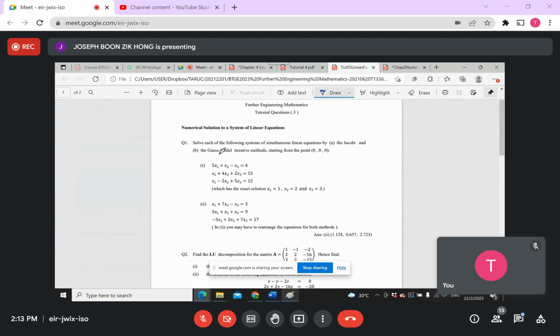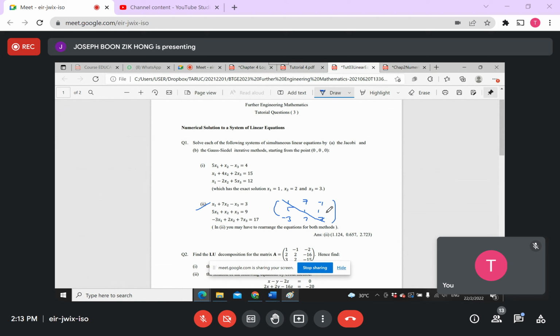Question one, this one. You do this one. You have to take note. If you directly tag 1, 7, negative 1, 5, 1, 1, negative 3, 2, 7, you will find that this is not diagonally dominant.